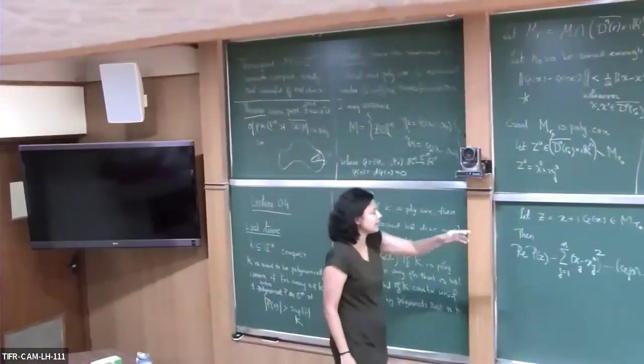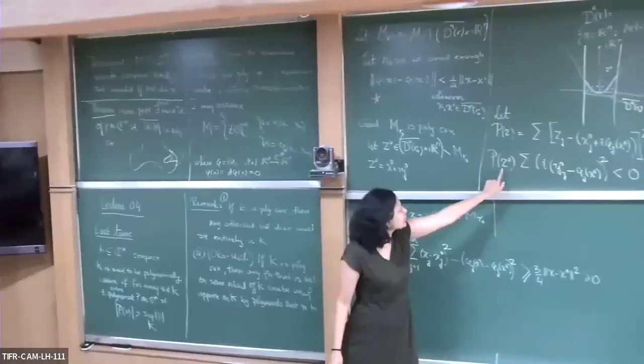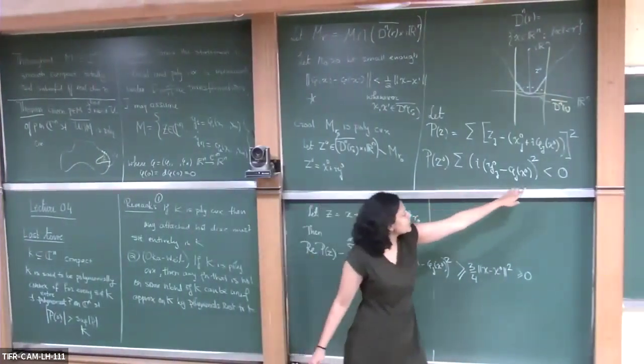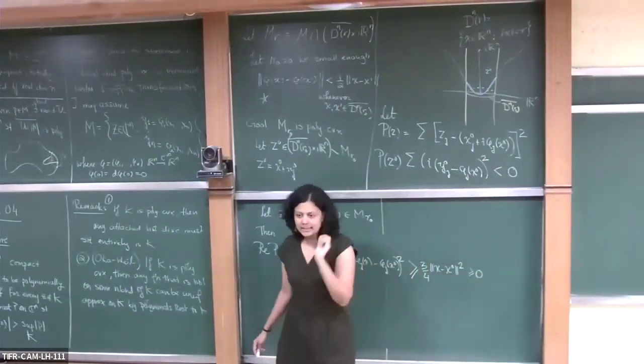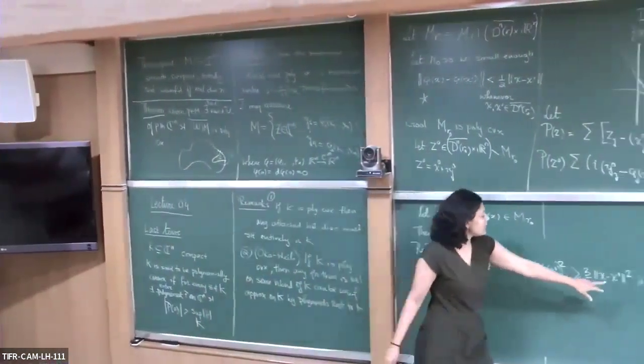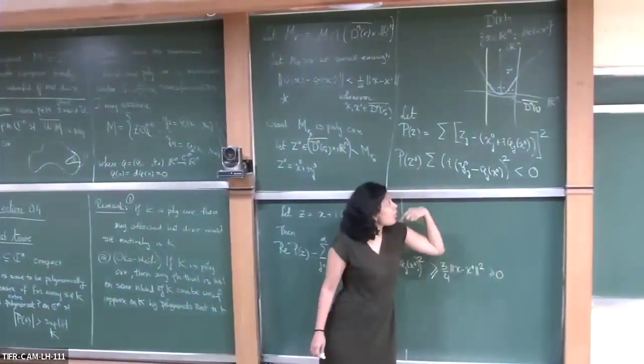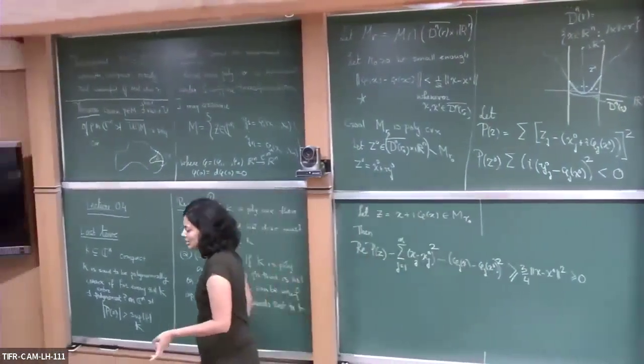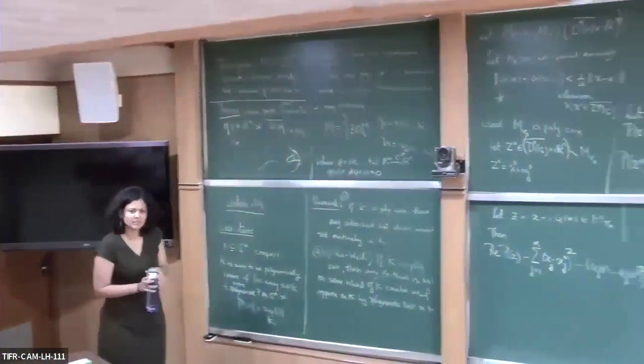Okay. So what have I done? I have produced a polynomial that is negative. It's real valued and negative at z naught, and its real part is non-negative on the set that we care about. Am I done? Like, does that work?